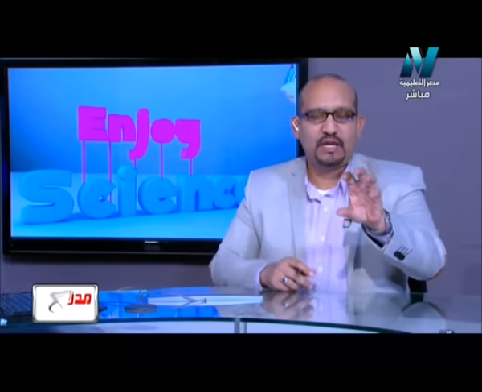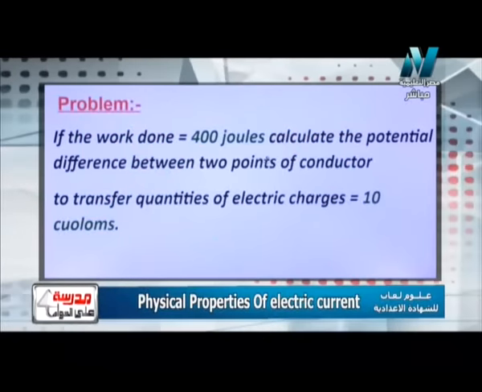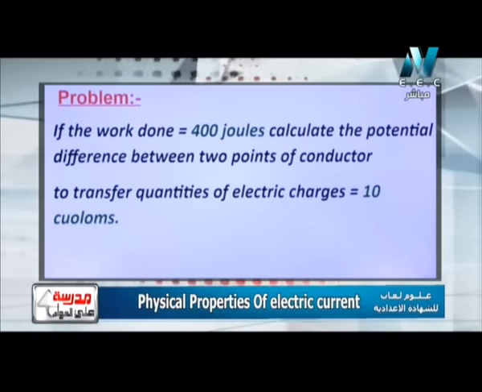But how can we deal with problems? We know V equals what? W over Q, because V is potential difference. It is the work done to transfer a quantity of electric charge. So how can we deal with the problems themselves? We have here a problem saying: if the work done equals how many?